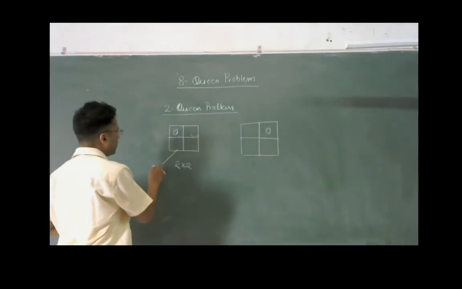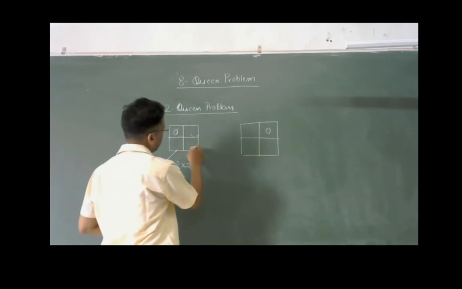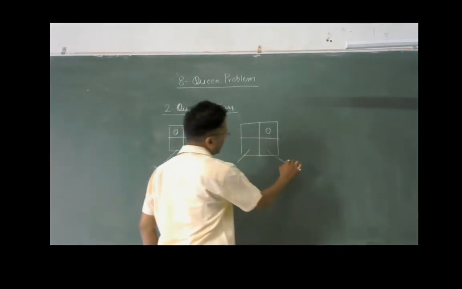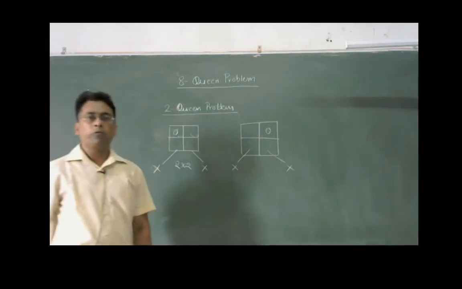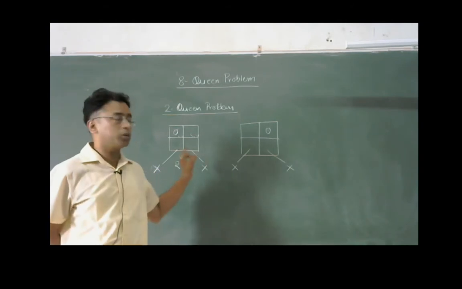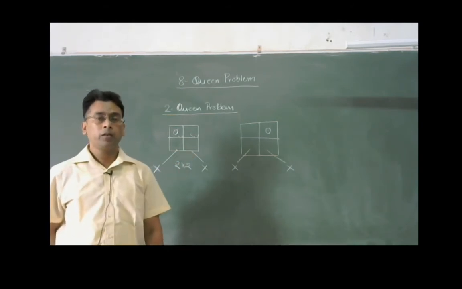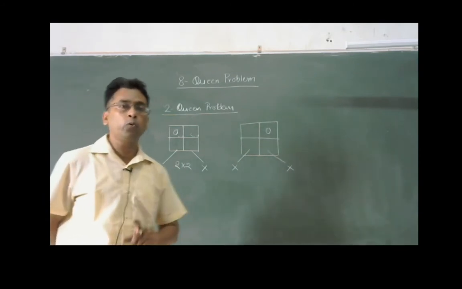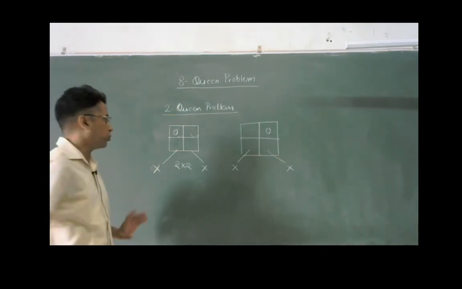So here I cannot place, here I cannot place, option cancel. Here I cannot place, here I cannot place. So for the two queen problem, we cannot place the second queen in any position where it can be placed safely. So the two queen problem has no solution.